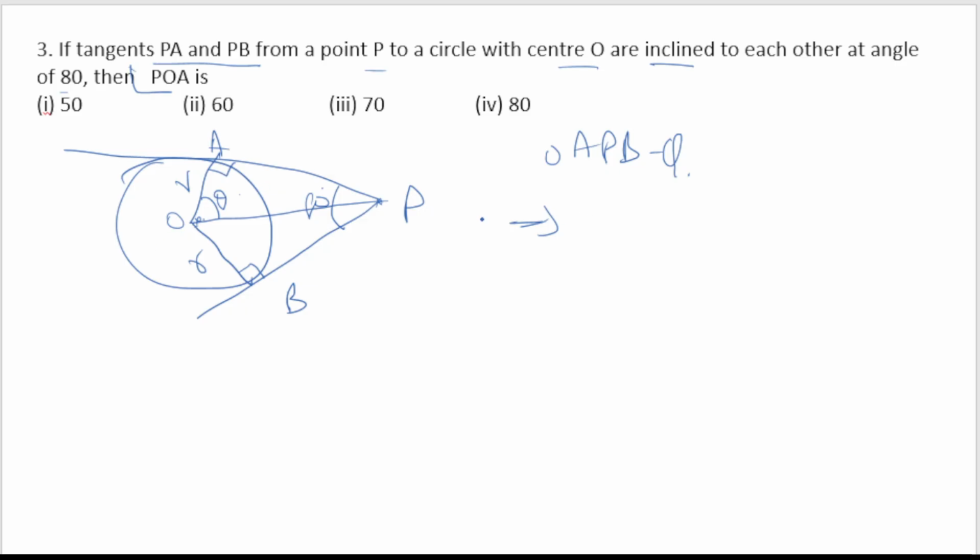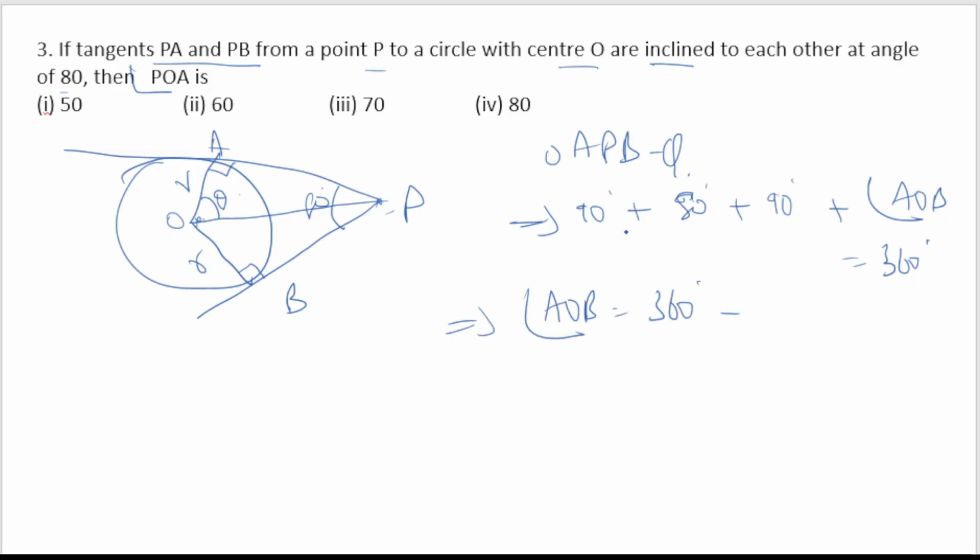So angle OAP, 90 degrees, plus angle APB, 80 degrees, plus angle PBO, 90 degrees, plus angle AOB is 360 degrees. So angle AOB is equal to 360 degrees minus 90 plus 90, 180, plus 80, which is 260. So angle AOB is 100 degrees.